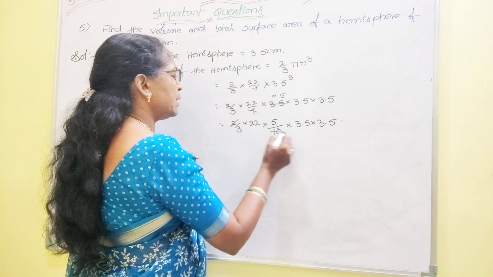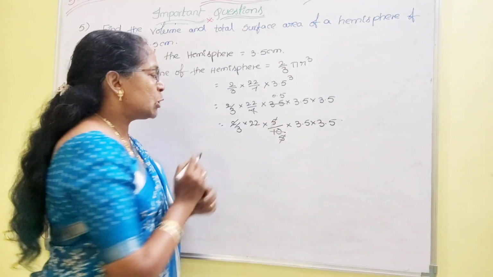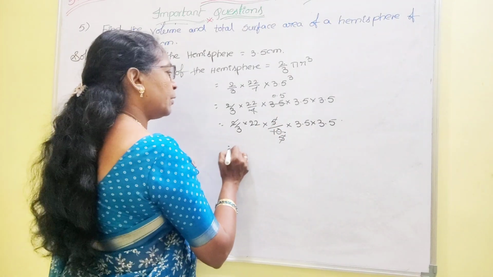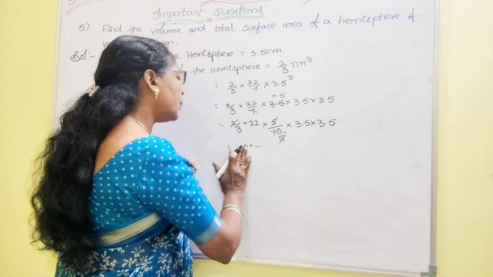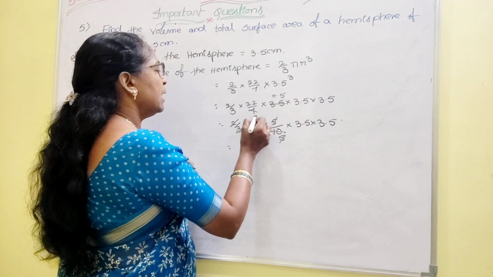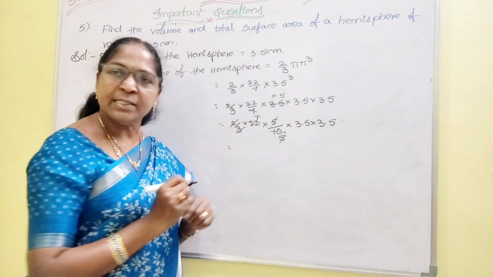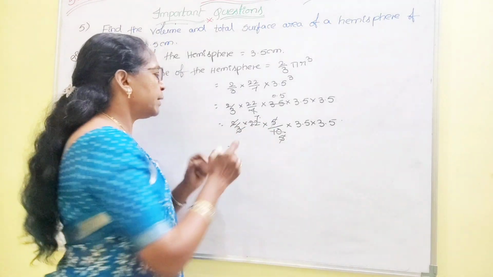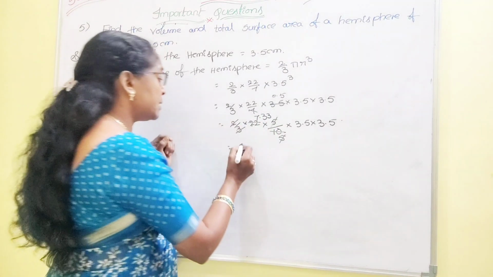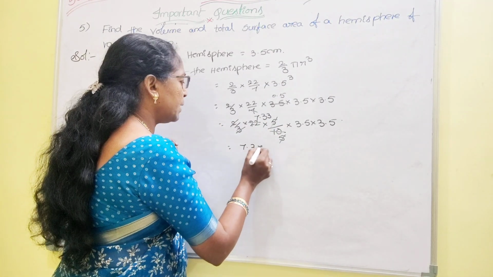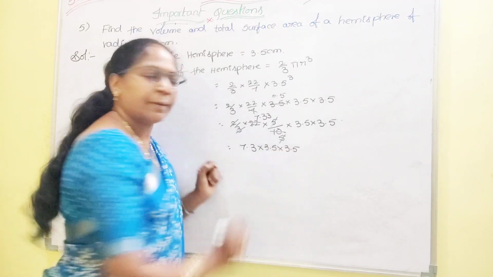Now 5 and 5 also cancelled. Now 22 into 3.5. Here also 22 by 3. 3 also you can cancel in this. 3 sevens are 21 and the 0.1 is 1 after 0 you have to keep. So 3 threes are 9, again 3 threes are 9. That means 7.3 multiplication of 3.5 into 3.5.